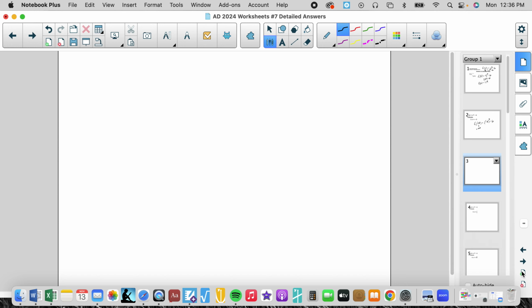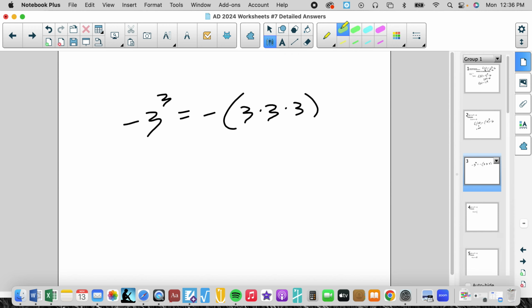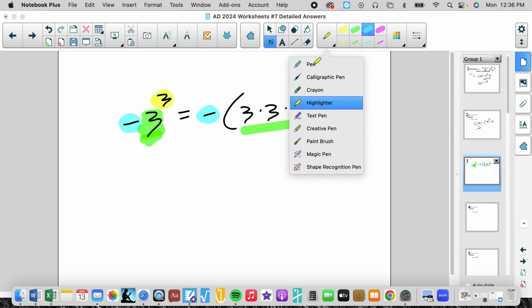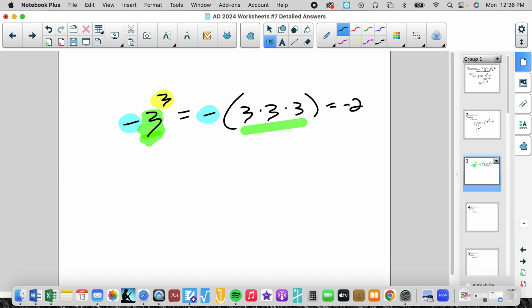And this is where all of this work all of a sudden becomes very weird and technical. Our exponent is 3, and our base without the parentheses means we have 3 3's. And that negative is not included in that exponent. That's why this is different. So this would give us -27.